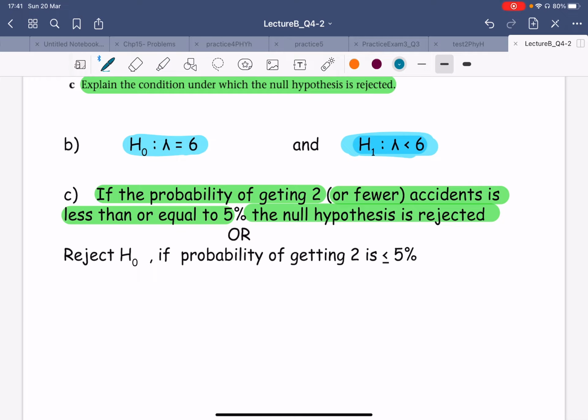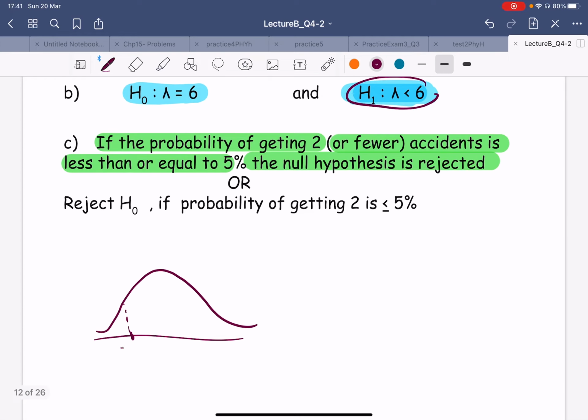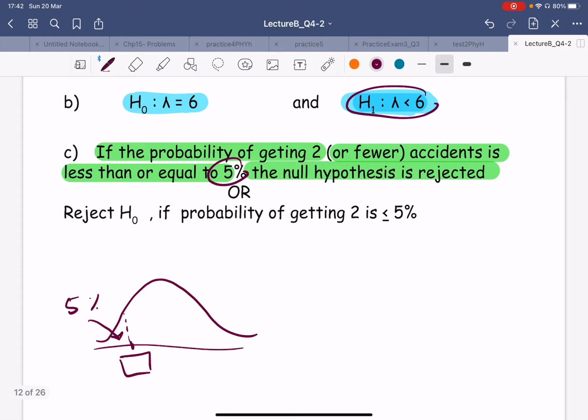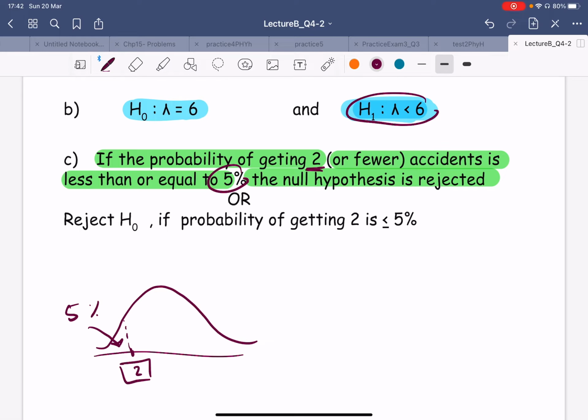Okay, let me explain this way. I'll just write it out so you see the picture. Suppose this is what we are looking at, and we're saying this is less than, right? Less than means it's going to be one tail. I don't know what this value is, but what I do know is that this alpha is 5%. 5% is here. So I need to check whether the value of 2 is going to be in this region.